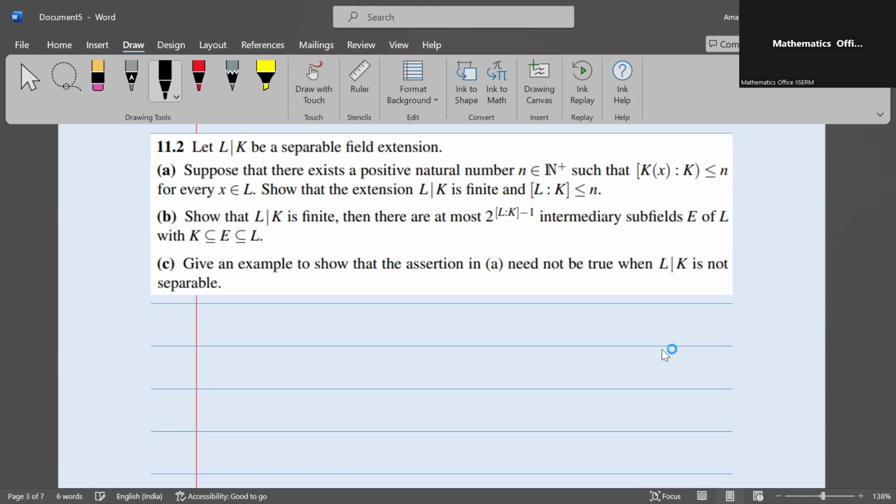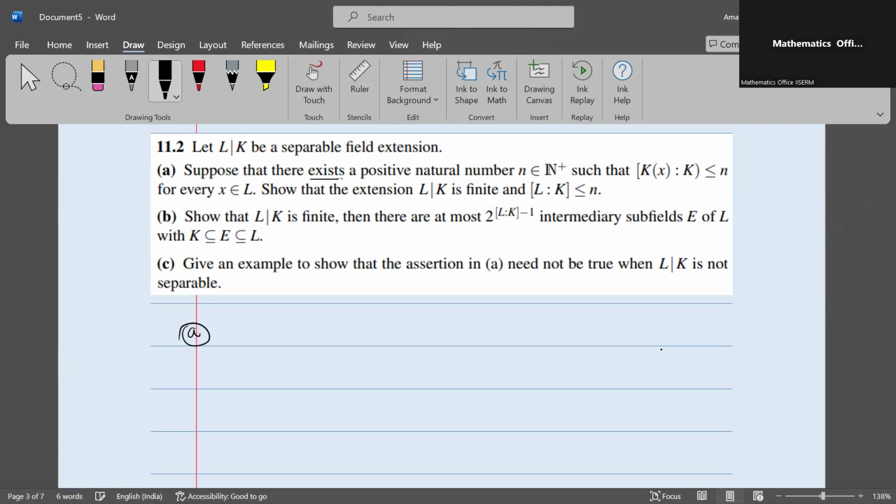Then the field extension L over k is finite, bounded by the same number n. Okay, so let's see what part A shows.